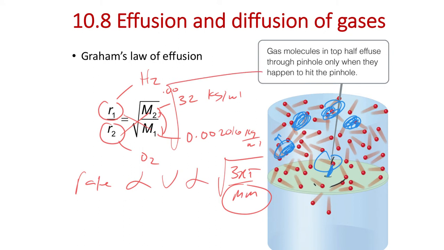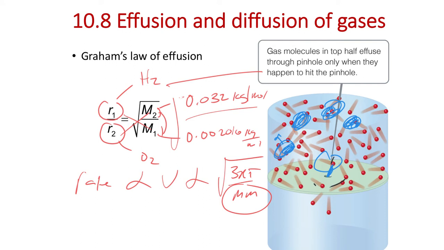Then we take the square root of those molar mass differences. So the 0.032 over 0.002016, you can see that that's going to be greater than 1. I can calculate this out. Sorry, the 32 grams per mole to kilograms per mole is 0.032 kilograms per mole.